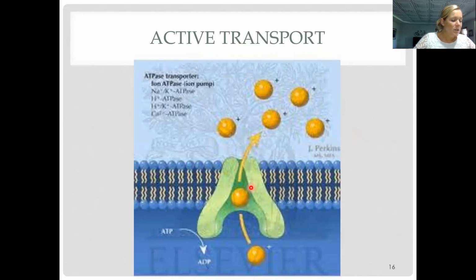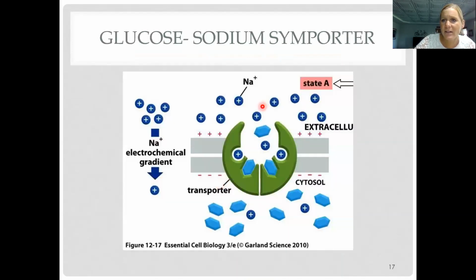Active transport will also be used to carry sodium, for example, some minerals, and some amino acids as well. So active transport is used for a variety of reasons within the absorption process. Here you can see a glucose-sodium symporter. I think this is really neat. A symporter means that I'm going to move two molecules in the same direction. In this particular case, we're going to move both carbohydrate and sodium at the same time, a salt and a sugar.